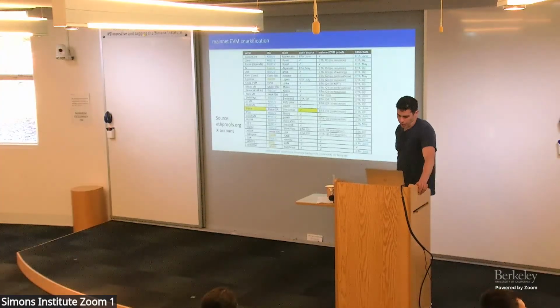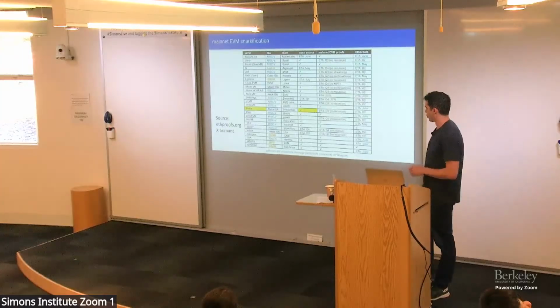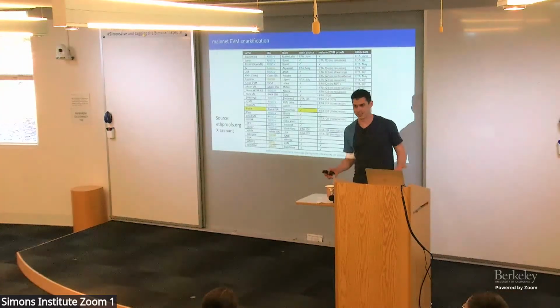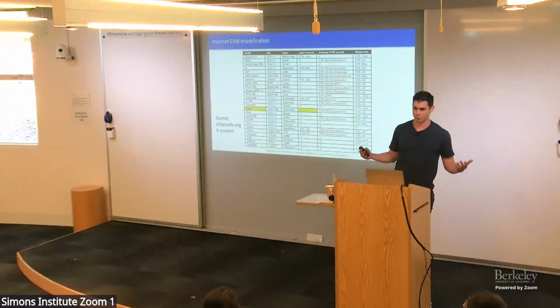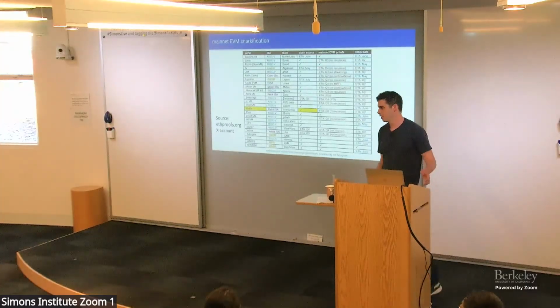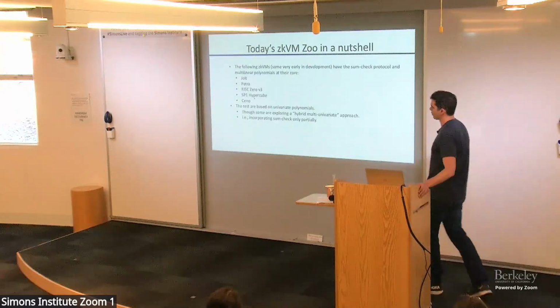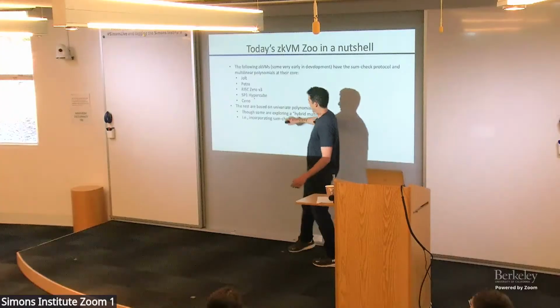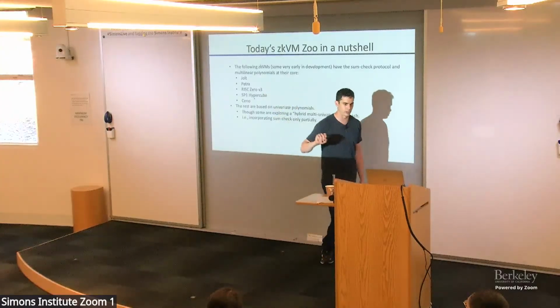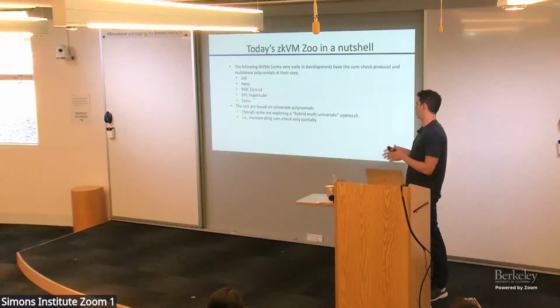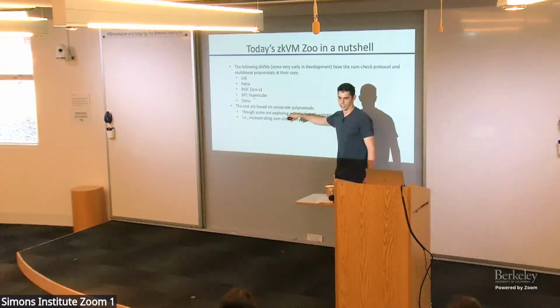All right, so just so you know what's going on in this space, there are about 25 independent ZKVM teams all trying to prove Ethereum in real time today. In terms of the techniques they're using, I guess 5 of the 25 are sum check based, and all of the rest are mostly using univariate polynomials and quotienting.